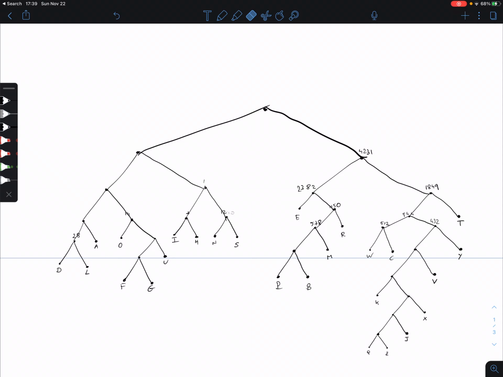I won't be able to do all of them, but just as many as I can. Okay, this one here perhaps.